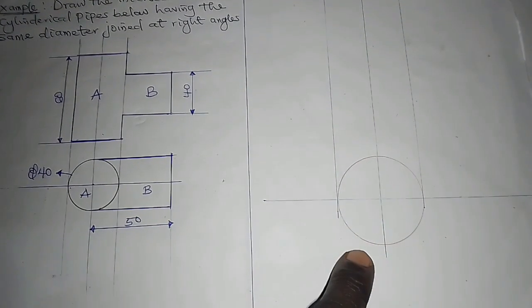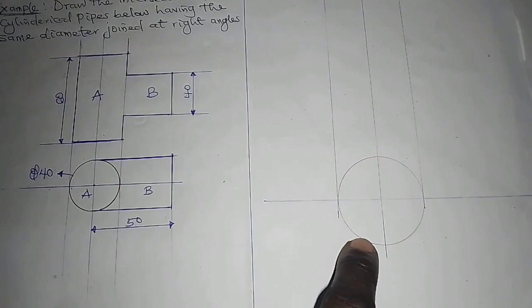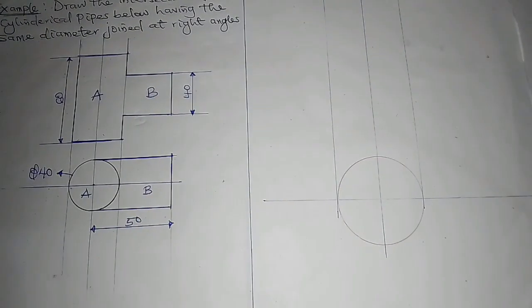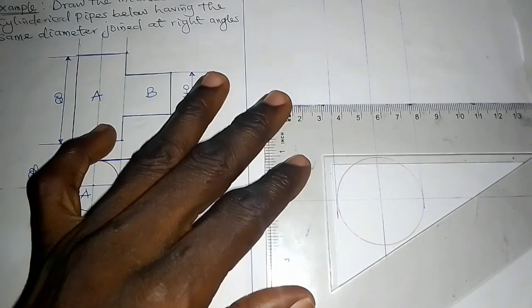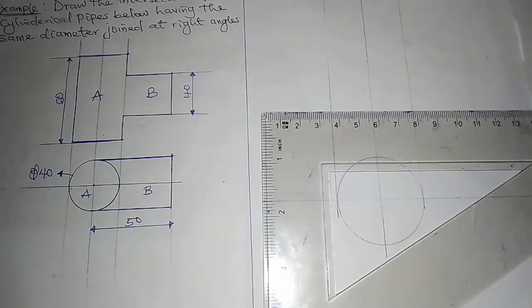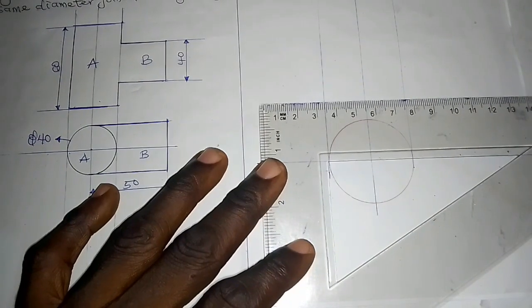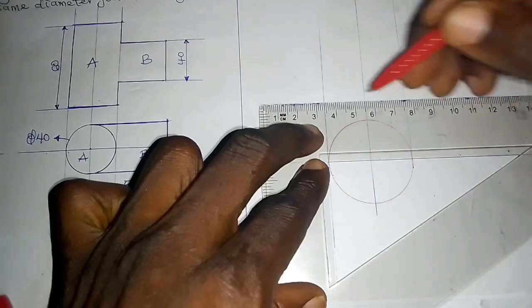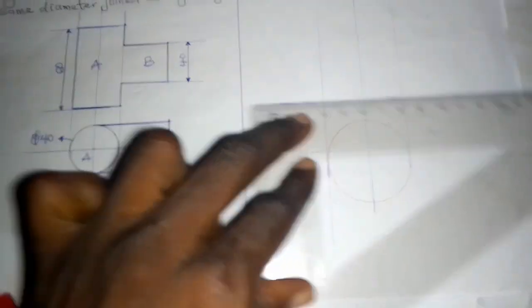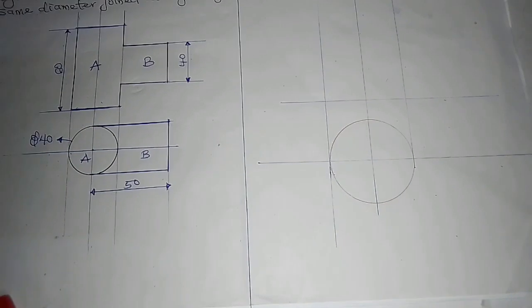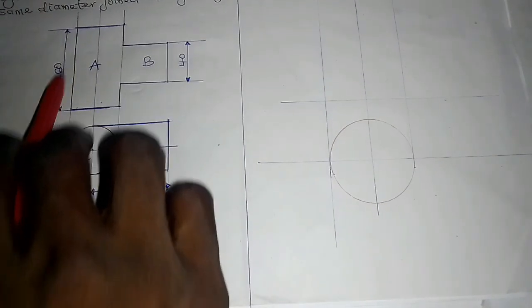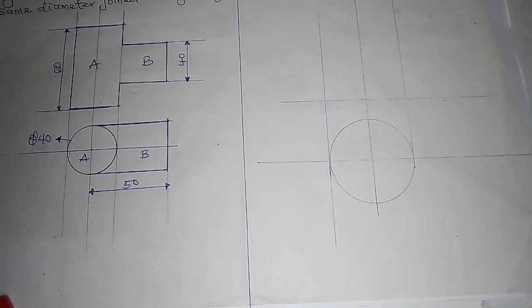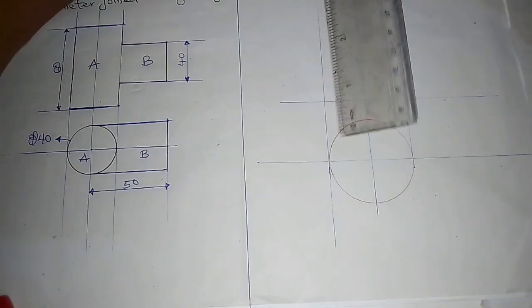So this is the diameter, the plan for pipe A. Now let me draw the elevation for pipe A. We ensure that it is straight here. We are told that the height for pipe A here is 60, as you can see from the given question.